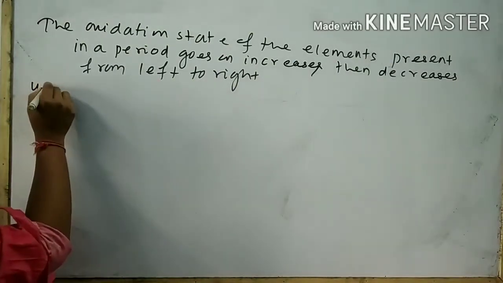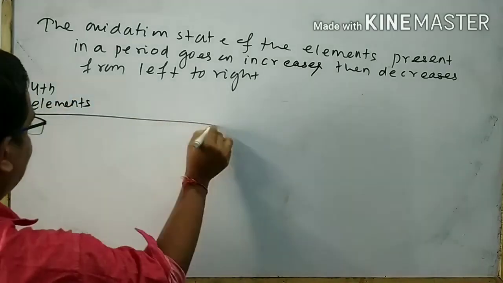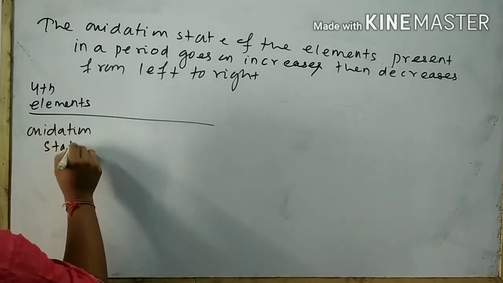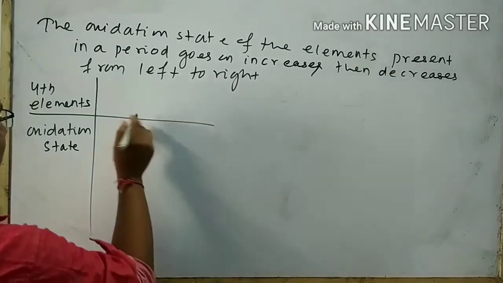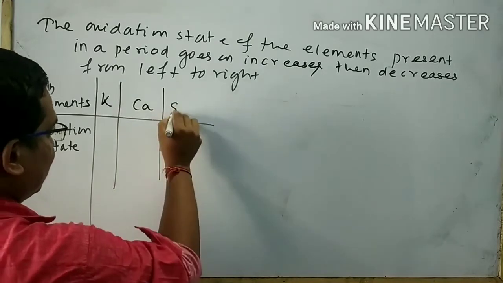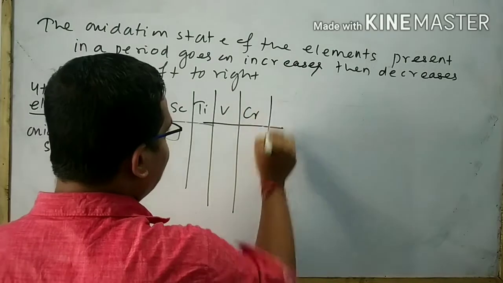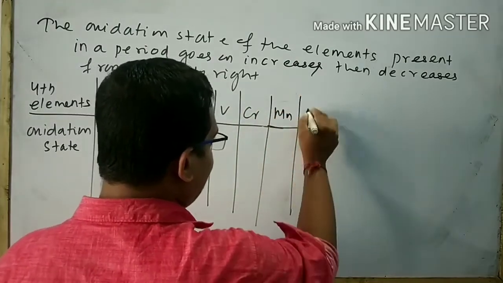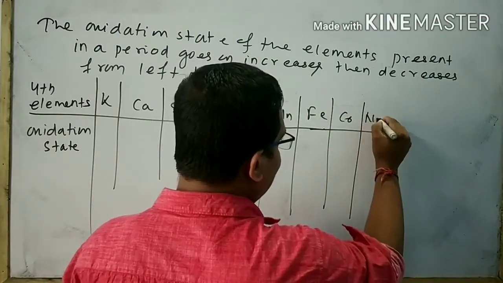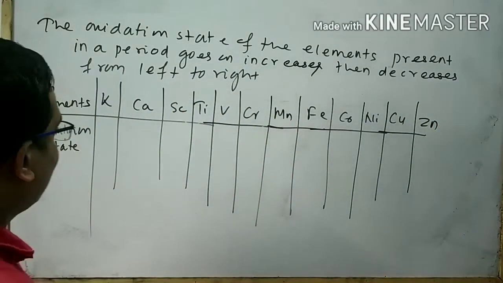Suppose I take the fourth period elements and their oxidation states. The fourth period elements are potassium, calcium, scandium, titanium, vanadium, chromium, manganese, iron, cobalt, nickel, copper, and zinc.